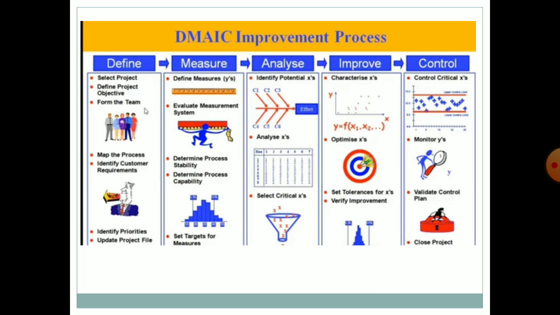Means we have to make the product of 30.5 mm to 29.5 mm. So 29.5 is the lower limit and 30.5 is the upper limit.